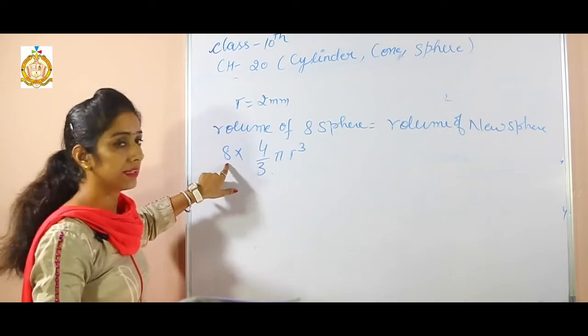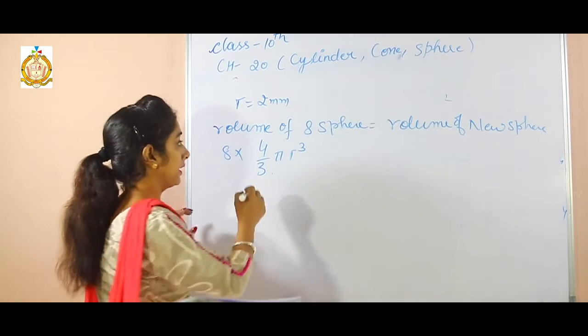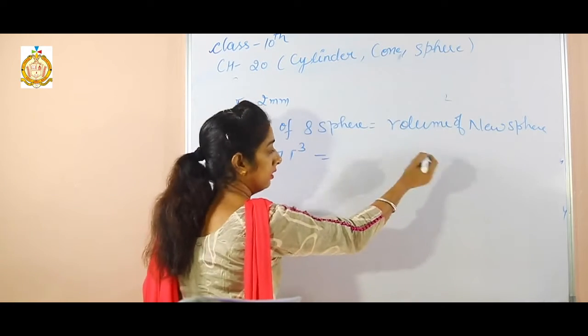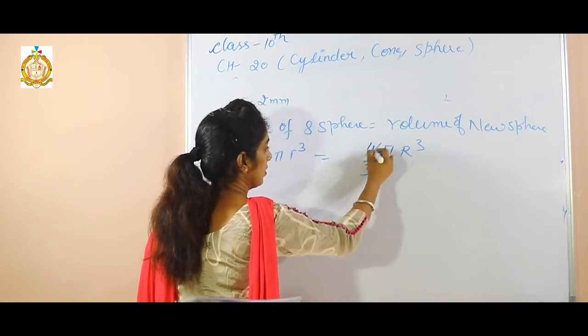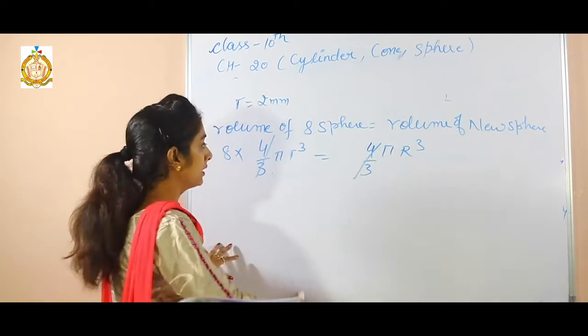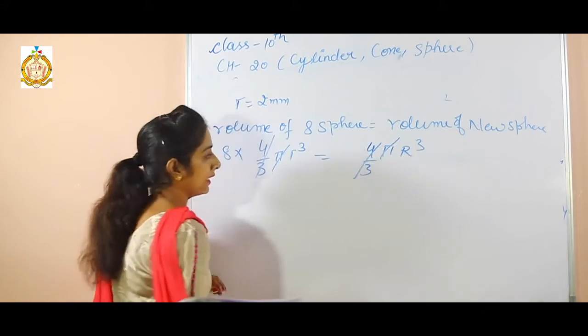Now here 8, that's why I multiply with 8 spheres and make 1 sphere, right? Now 4 by 3 and 4 by 3 cancel, pi cancels with pi.